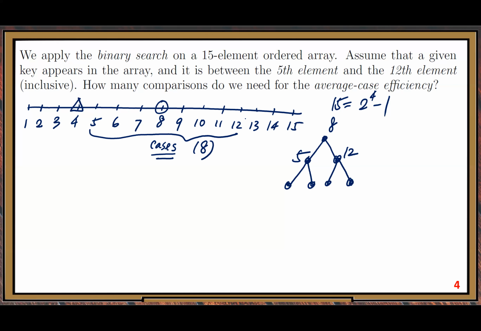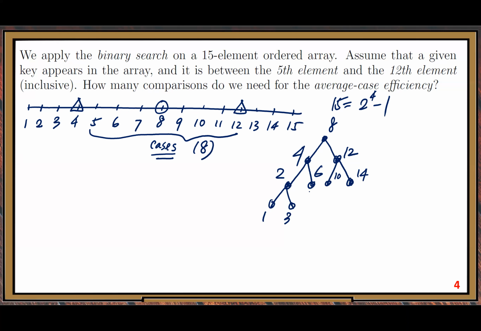And here, 12. So 4 here, 12. Then under 4: 2, 6, and under 12: 10, 14.